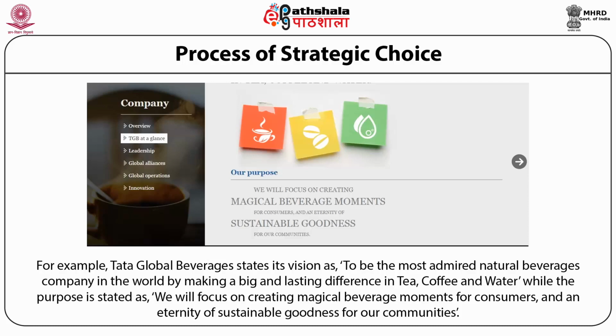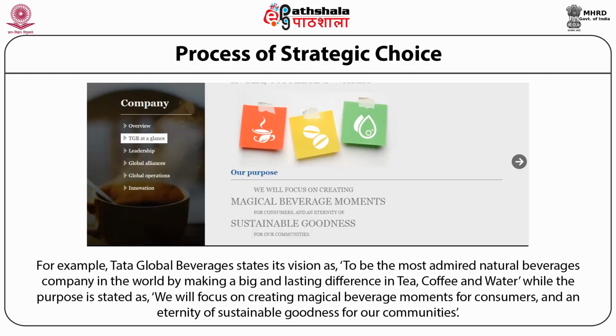From the above vision statement, it is clear that the company's business focus area is natural beverages, that is tea, coffee, and water, whereas it ignored other feasible alternatives in the natural beverages segment like juices, nectar, etc.